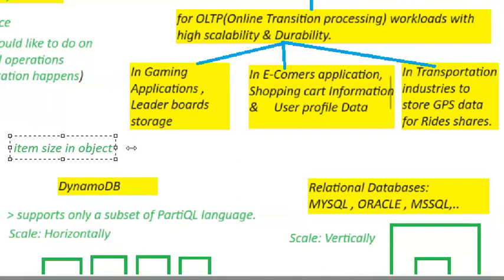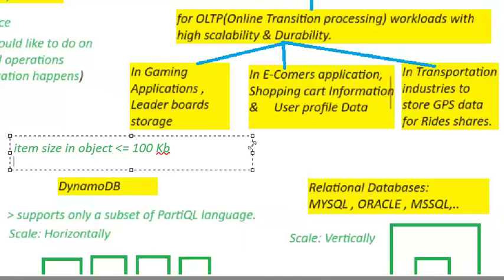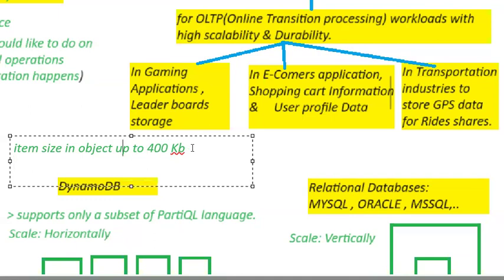Your item size must be less than or equal to 400 KB. The limitation under DynamoDB is that your object item size, or whatever item is present in your object, can be up to 400 KB only.